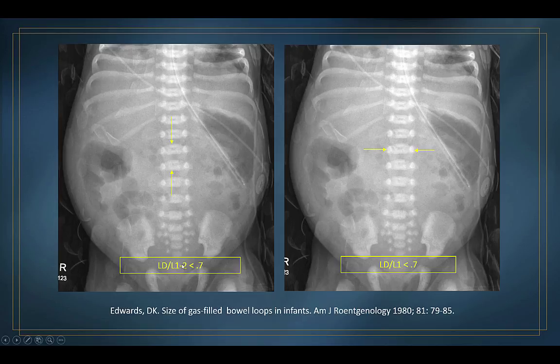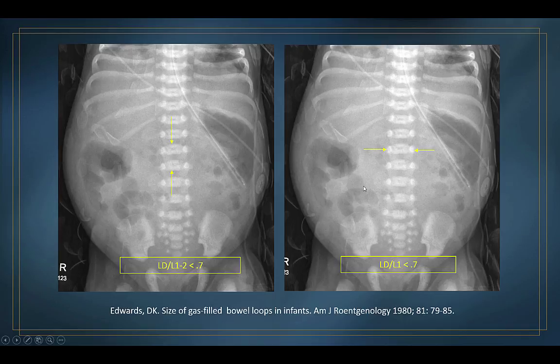LD is the transverse diameter of the loop of small bowel that you're concerned about. So you can either measure from the upper border of L1 to the lower border of L2, and the transverse diameter of the small bowel divided by that distance should be less than 0.7. And you get a similar relationship if you take L1 measuring from the lateral aspect of the pedicle to the lateral aspect of the opposite pedicle.